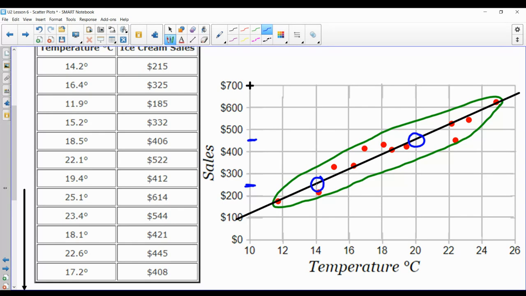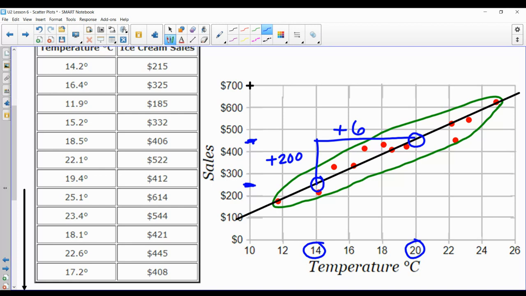So my slope is going to come from this triangle. I'm going up from 250 right here to 450, so I'm going up 200. I'm going over from 14 to 20, so I'm going over 6.